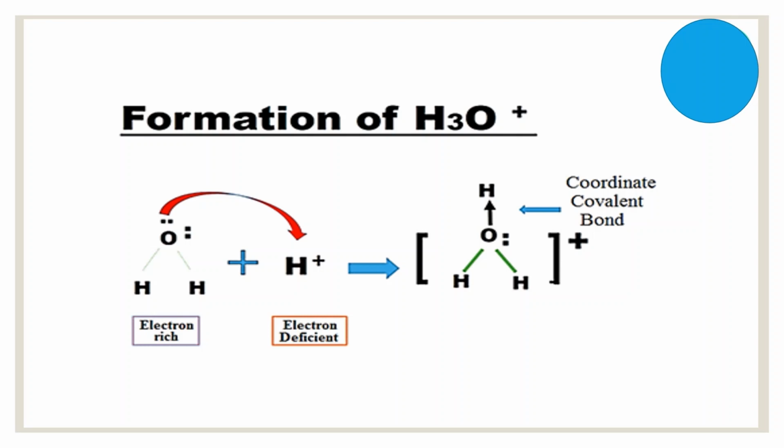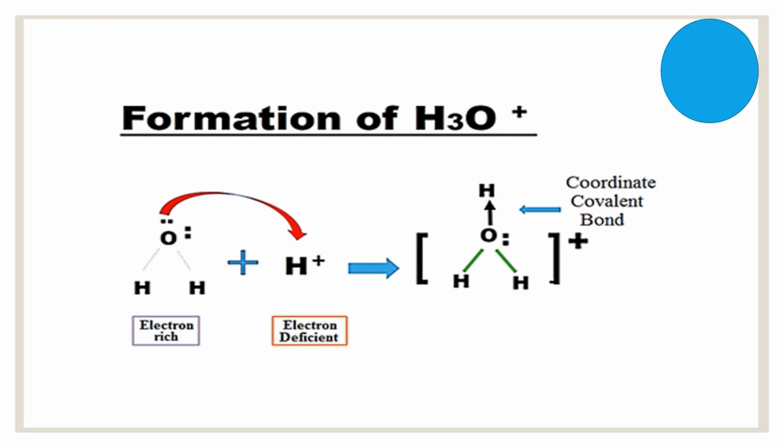So in hydrogen plus, that means proton, H plus ion, H plus ion doesn't have any electrons, so it needs 2 electrons to get stability. When water and H plus ions approach together, then one pair of electrons is donated by the water molecule.